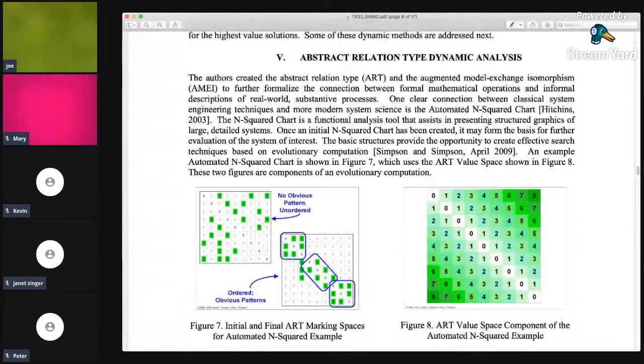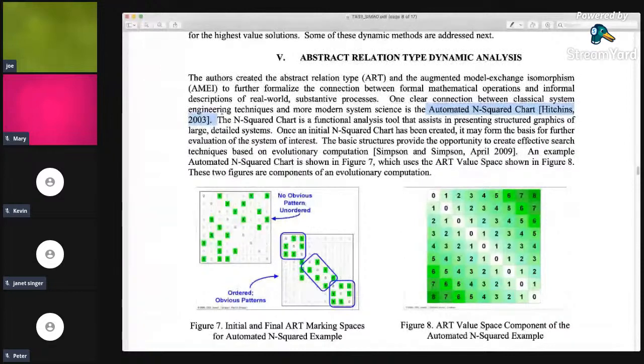The one thing here in the automated n-squared chart with Hitchens, 2003, Hitchens was addressing this pipeline of how you develop a conceptual system to meet a dynamic changing problem.